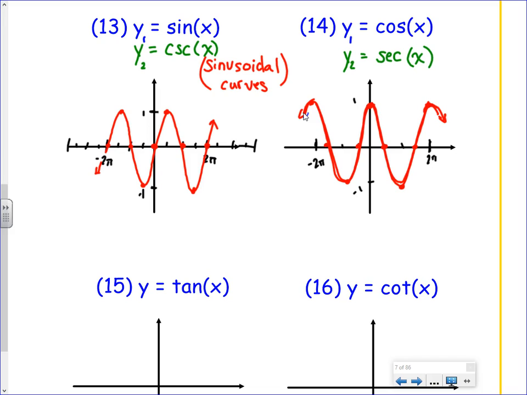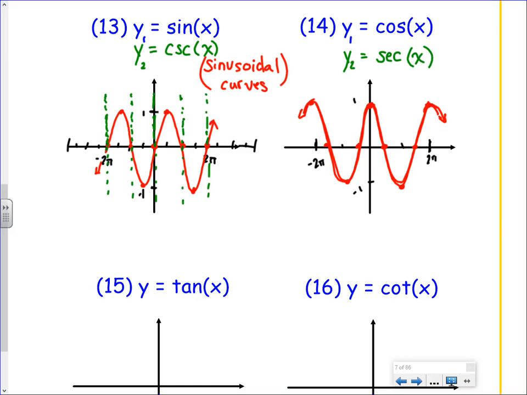So 1 over sine is the denominator, so whenever the denominator is 0, I will have a vertical asymptote, an undefined. So every time sine is 0, which is every time there's an x-intercept, cosecant will have a vertical asymptote. True? Go find all the zeros, make them all vertical asymptotes.